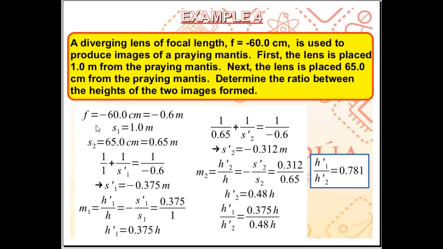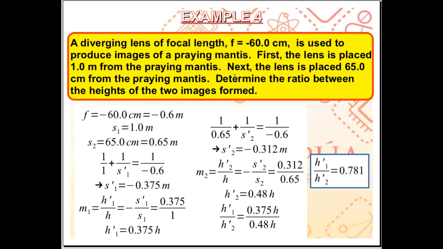So focal length F is equal to negative 60 centimeters or negative 0.6 meters. We have two object distances for the two locations of the lens. First case, the lens is placed 1 meter from the praying mantis, so object distance S1 is 1 meter.